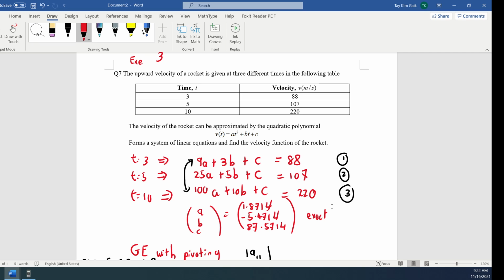Yes or no? Teacher, I cannot hear you. Cannot. Yeah, why cannot? Give me a reason why it cannot be solved using Thomas method. What is the reason?